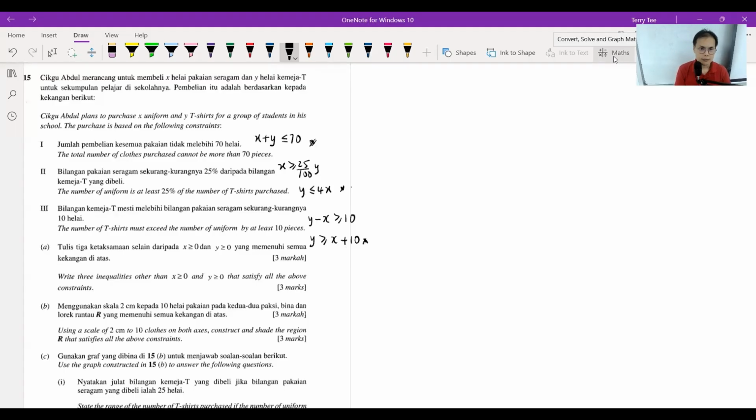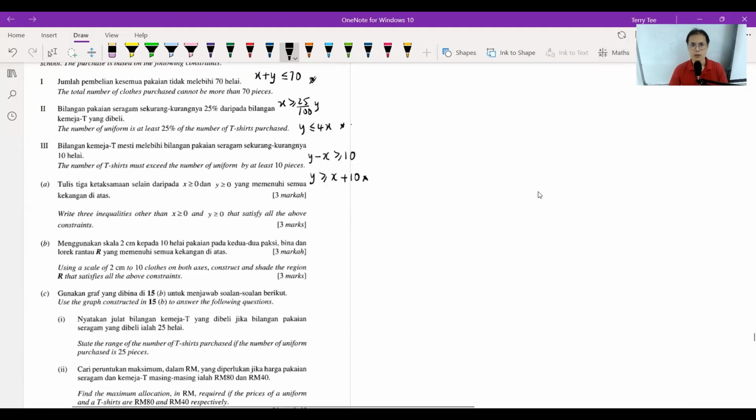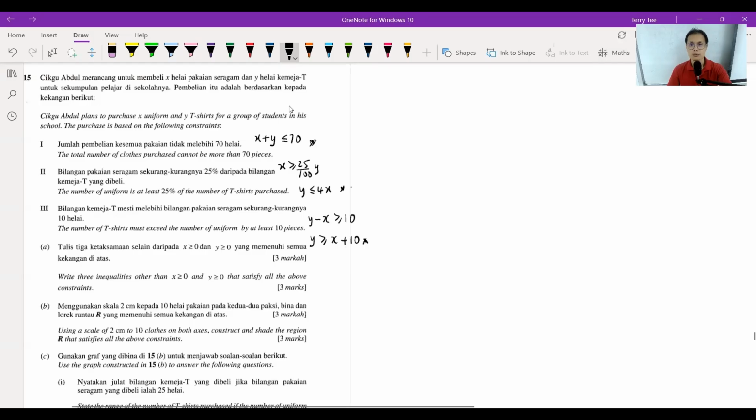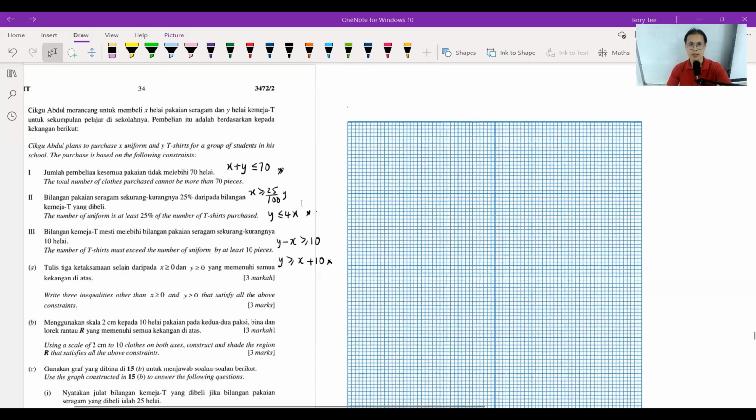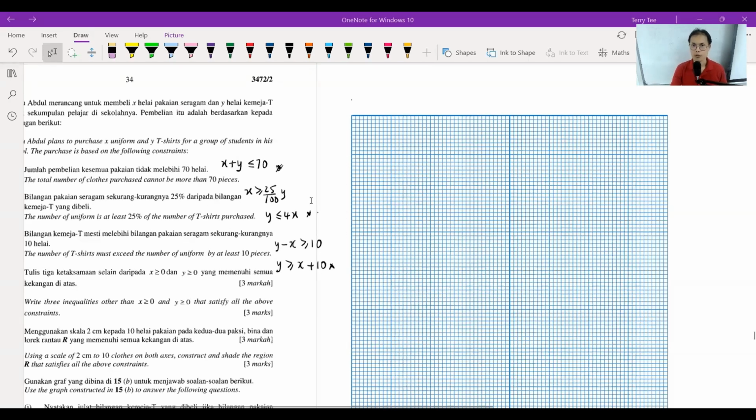Okay. Next, I'm going to draw the graph. I like to use a table of values.